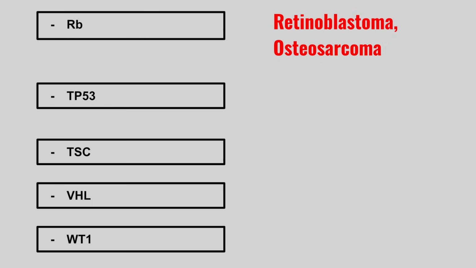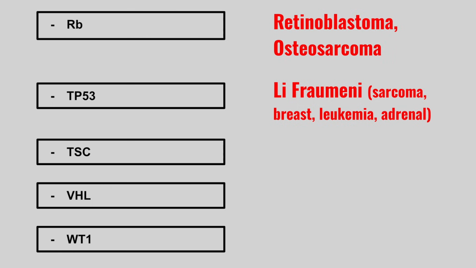Okay, next we have an RB mutation. This is retinoblastoma and osteosarcoma. Next we have TP53 mutation. This is Li-Fraumeni syndrome where we have sarcomas, breast carcinomas, leukemia, and adrenal tumors.